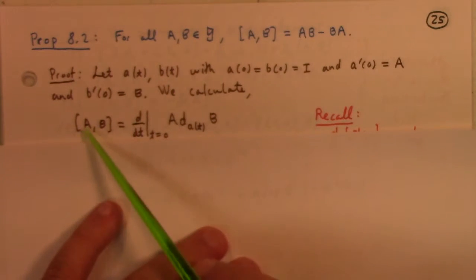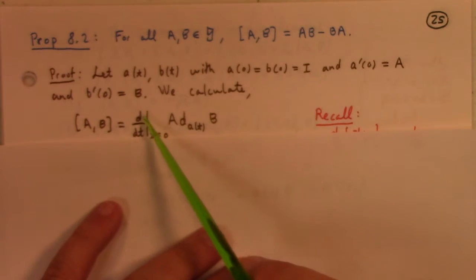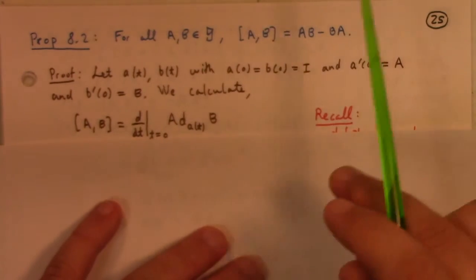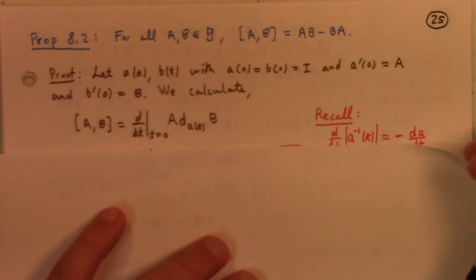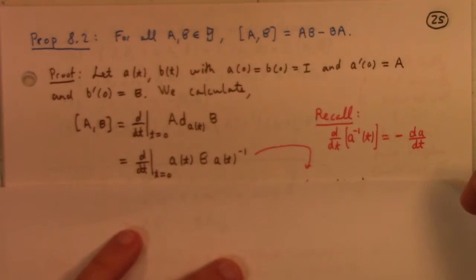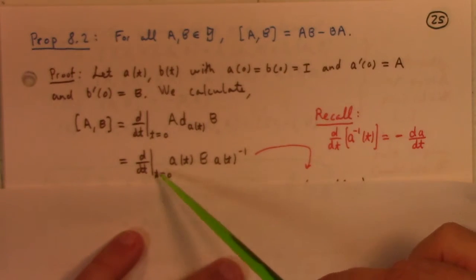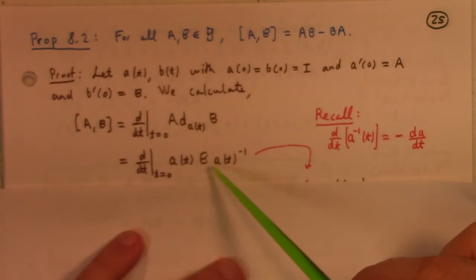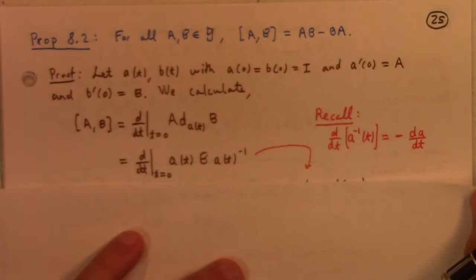So bracket AB is supposedly going to be, well, this is not notation for the commutator at the moment. This is notation for that. So by definition, that's the derivative of this adjoint map, but that is the conjugate by this and that inverse, and then B.